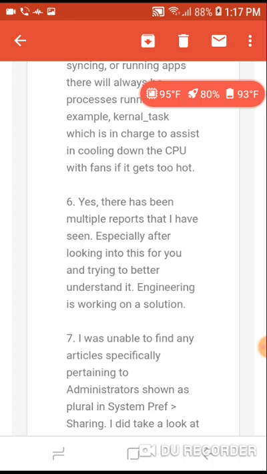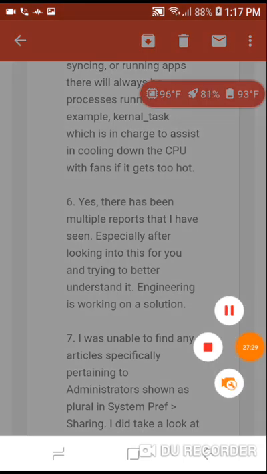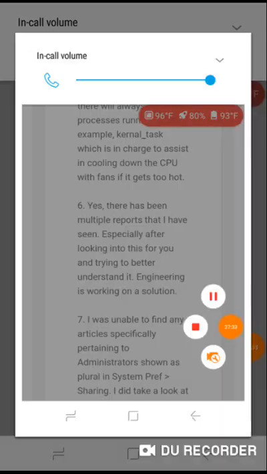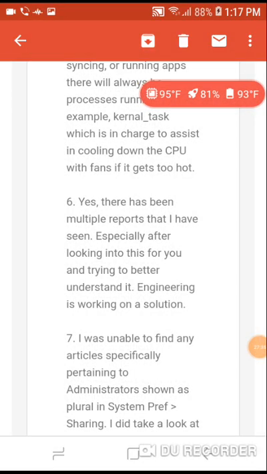Okay, I see. See here. Okay, I was actually trying to see if I could run one myself, but I actually can't.